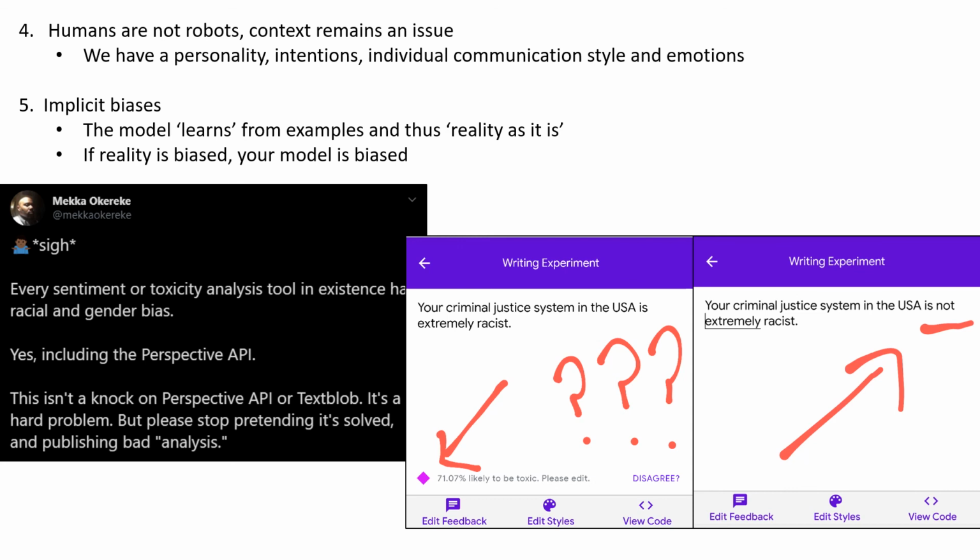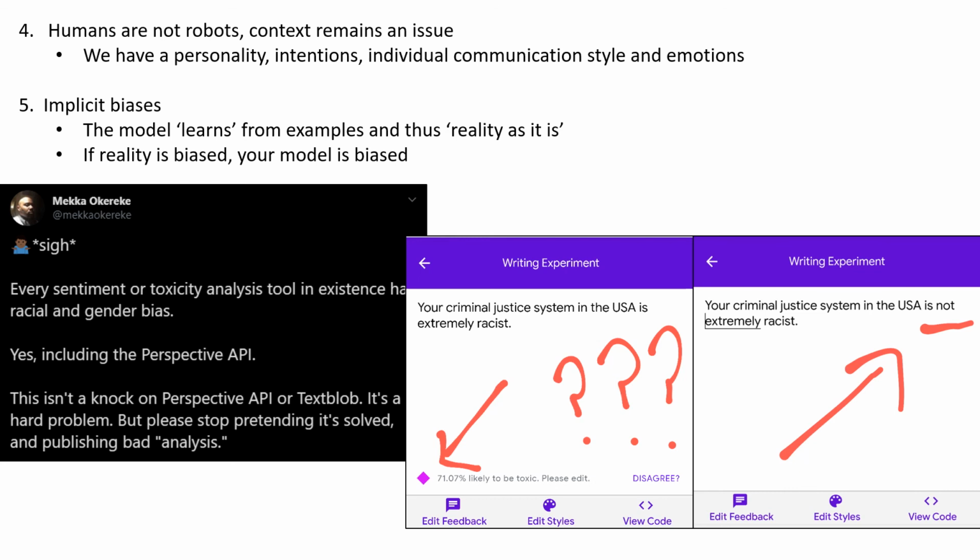This API has the goal to classify certain texts as being toxic, so in other words, rude and offensive, versus not toxic. And someone pointed out that there is a racial and gender bias going on in this classifier.